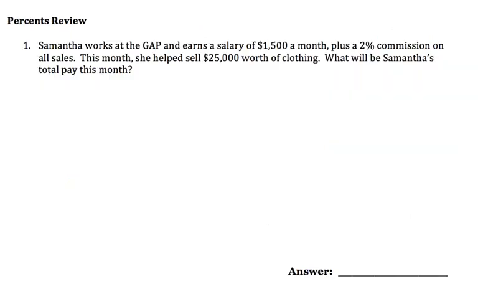Alright, so on the back, we start off by reviewing commission. And commission was one of the topics you guys learned on your vacation packet. So it says Samantha works at the Gap and earns a salary of $1,500 a month plus a commission on all sales. This month, she helped sell $25,000 worth of clothing.